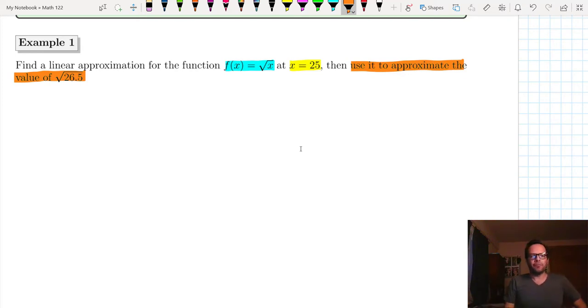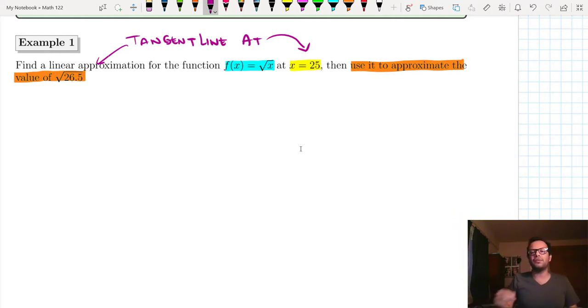In other words, they're asking us for the equation of the tangent line at the same x equals 25. I'm going to do the calculation first, and then I will show you the visual using graphs so you can have a better overview of what we are doing exactly.